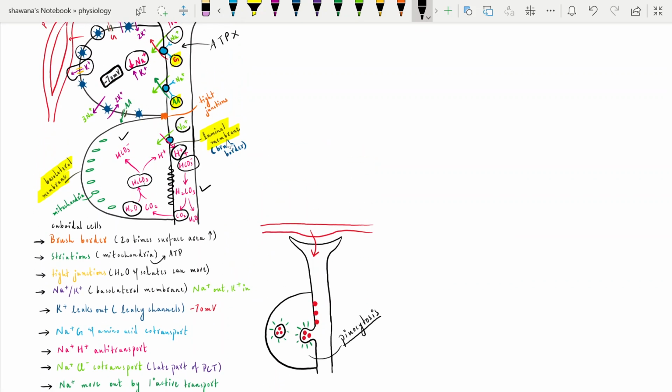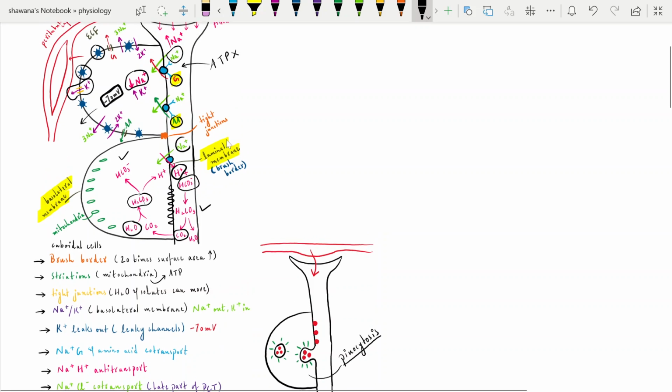Also, the solutes like sodium also leaked out by these pumps. Okay, potassium also leaked by the leaky channels. The glucose, amino acids, chloride, all of them are present in the interstitium.